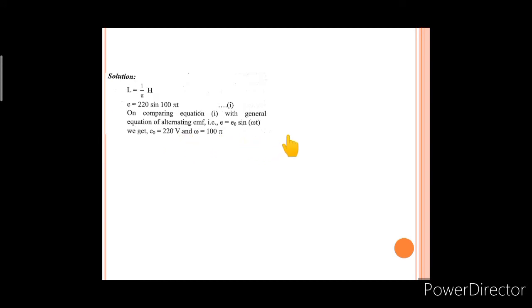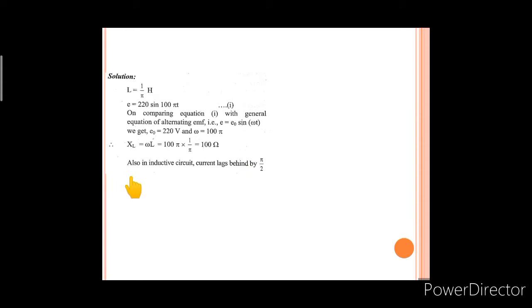Now, as we know, XL is equal to omega L. The value of omega we determined as 100 pi and the value of L is 1 upon pi. Substituting the values of omega and L, we get the value of XL as 100 ohm.